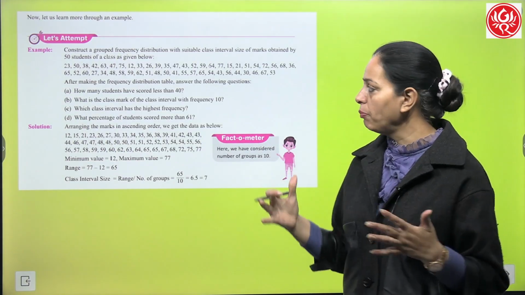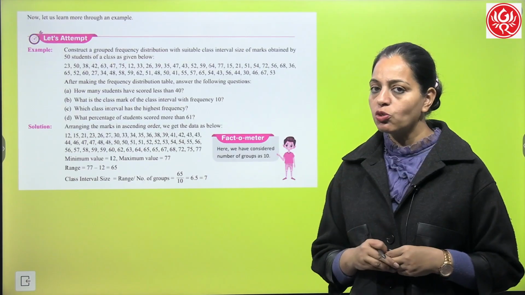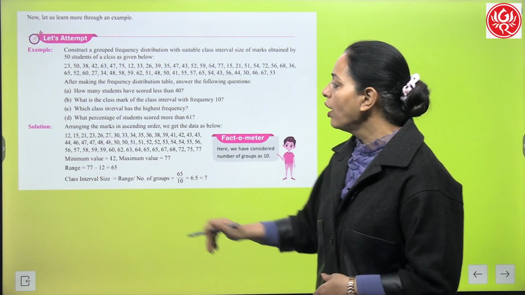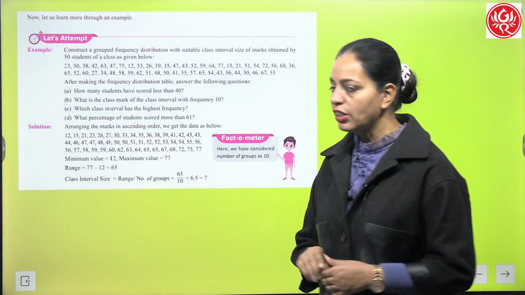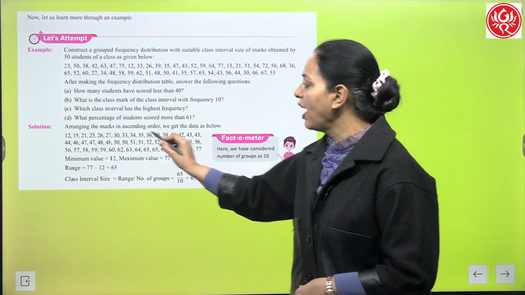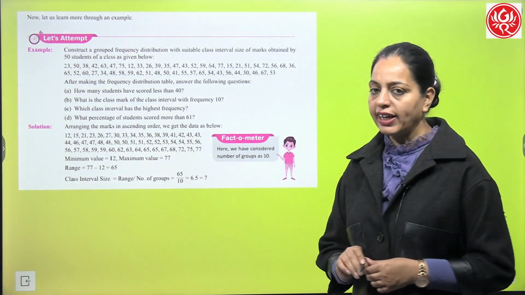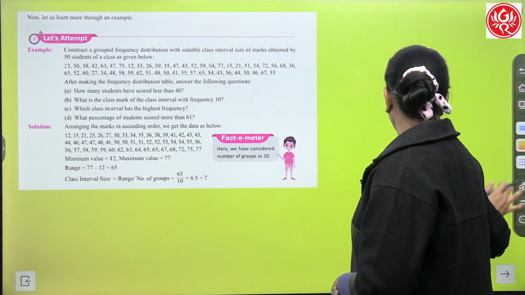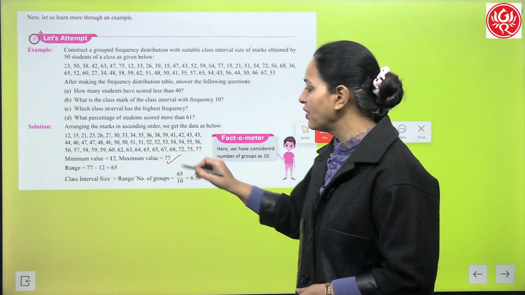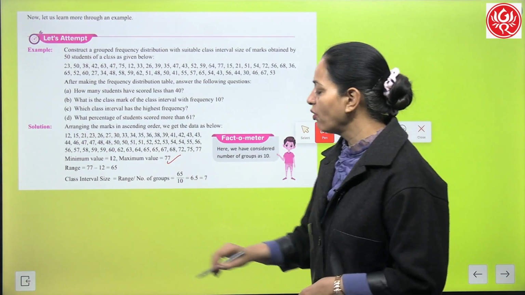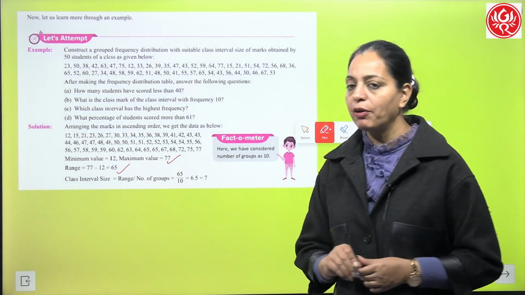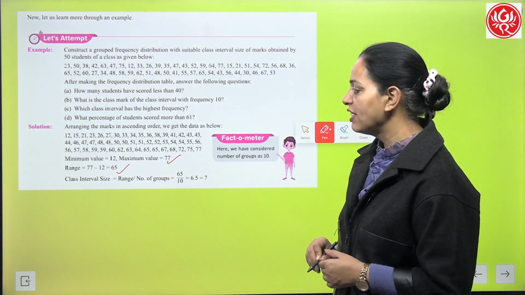So first of all, make the group frequency distribution table. So what to do? Arrange the marks in ascending order. We get the data as below. Now we are getting minimum value is 12 and the maximum is 77. So what is range? Range is 77 minus 12, that is 65.